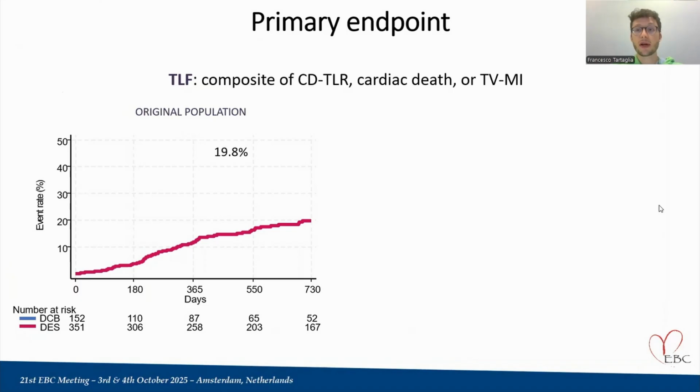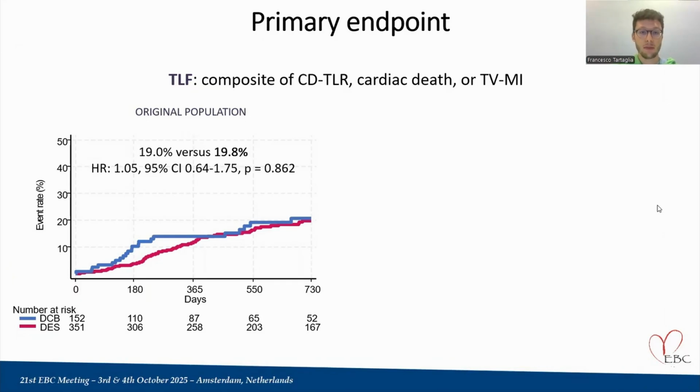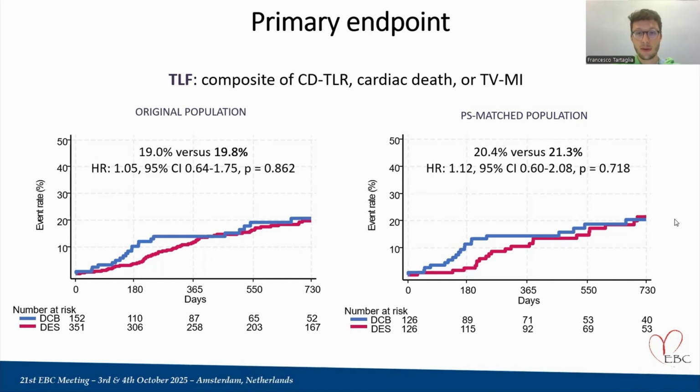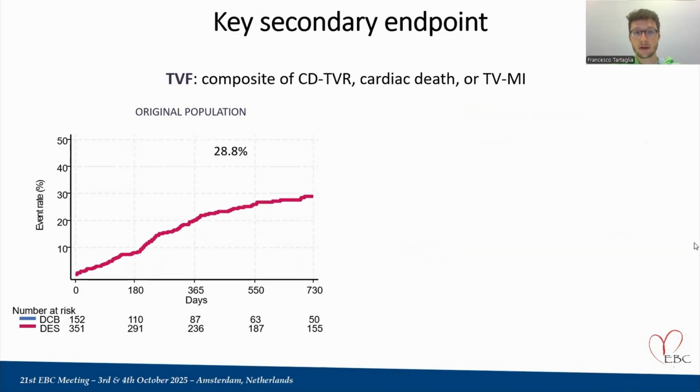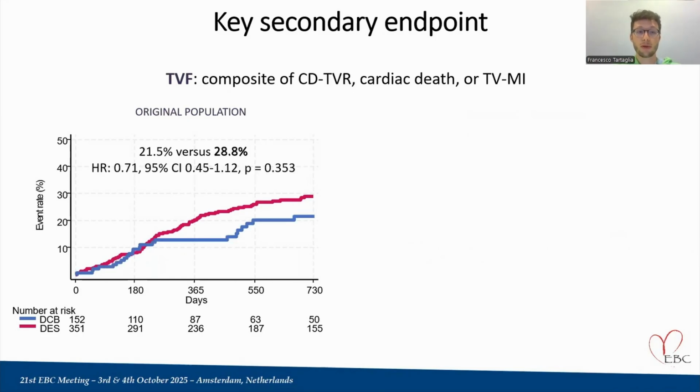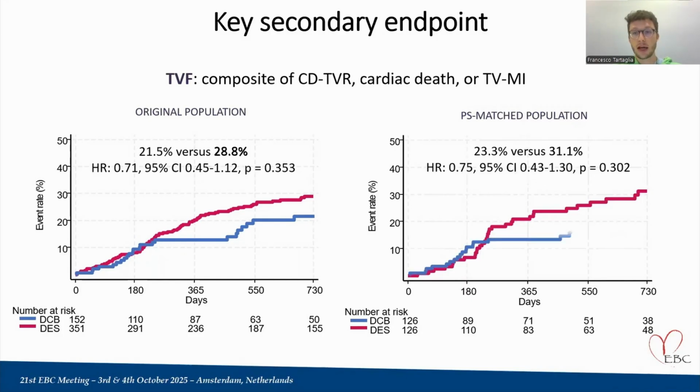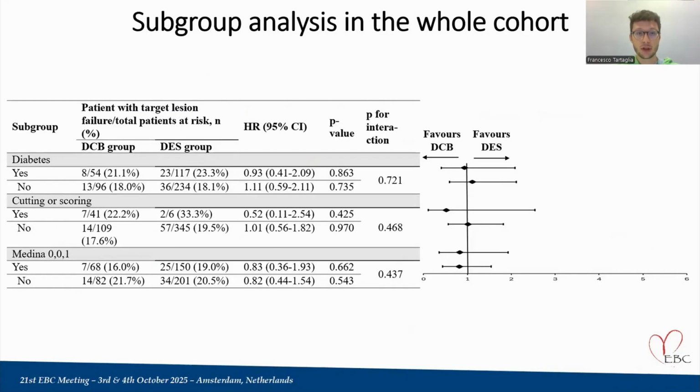For the primary endpoint, we found an incidence rate of 19.8% in the DES group and 19% in the DCB group, with no statistically significant difference, both before and after the propensity score matching. For the secondary endpoint, target vessel failure, we found an incidence rate of 28.8% in the DES group and 21.5% in the DCB group, so numerically lower, but again, not statistically different, both before and after the propensity score matching.